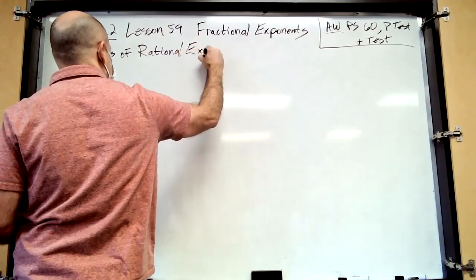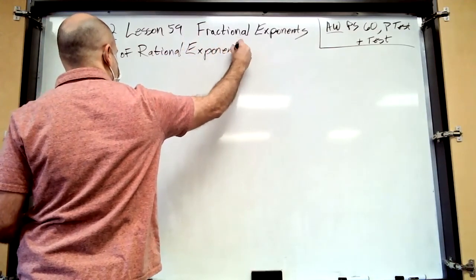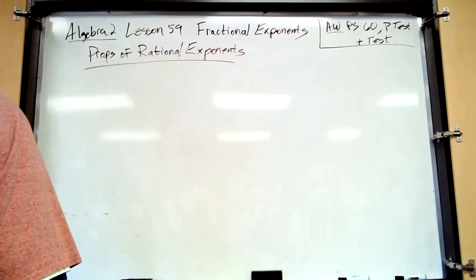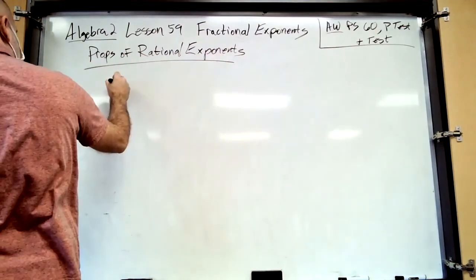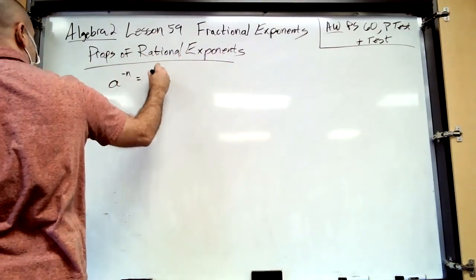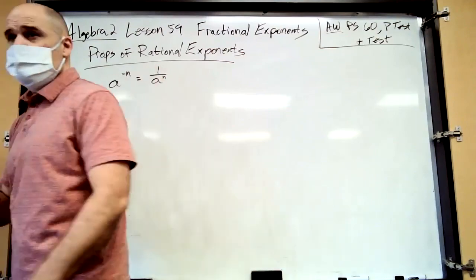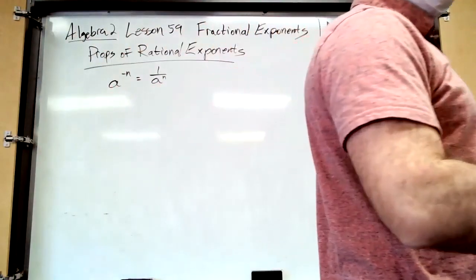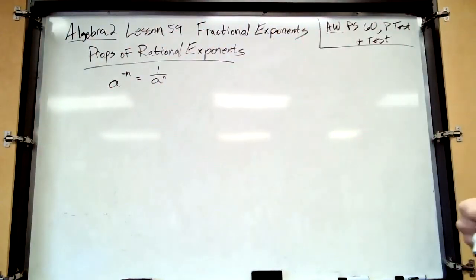This is just a nice little review of all the rules so far. So a to the negative n equals 1 over a to the n. You guys remember that? If it's a negative exponent, you just throw it on the bottom. Or if it's a negative exponent on the bottom, you throw it on the top.